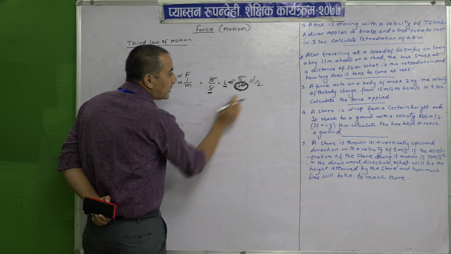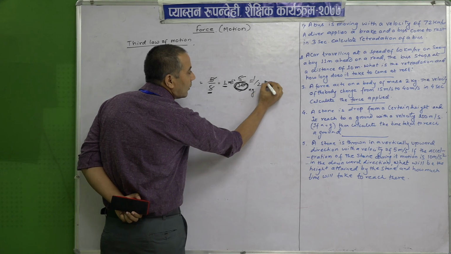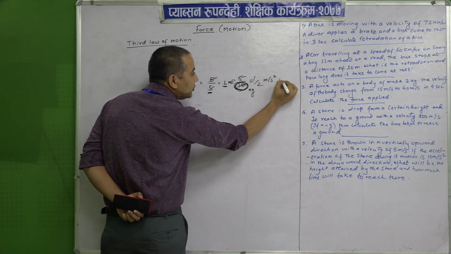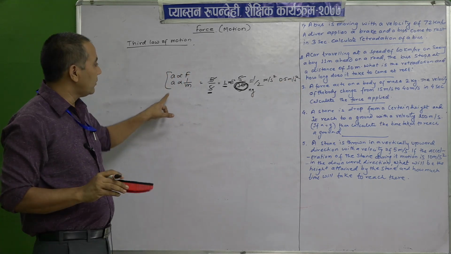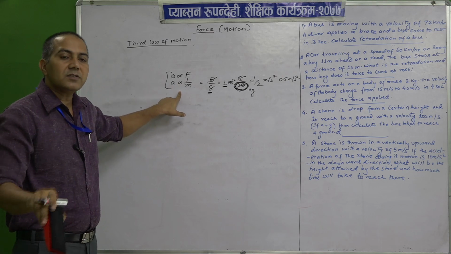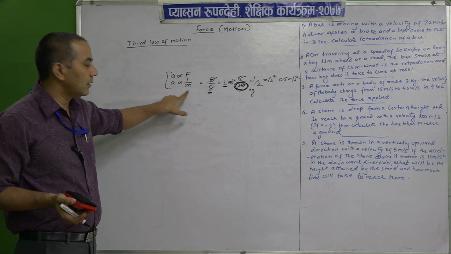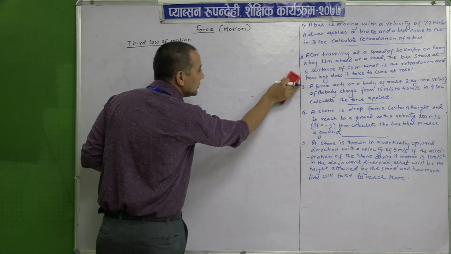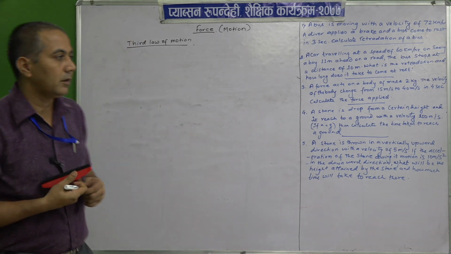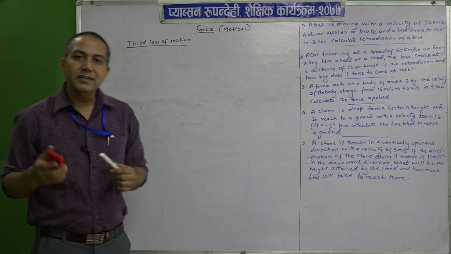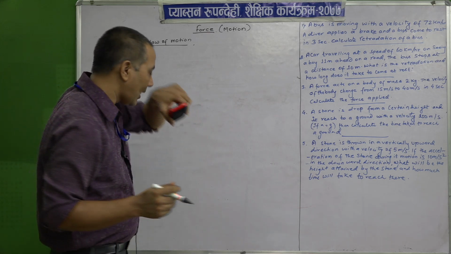And when the mass is doubled, that is 10 kg, at that time it will decrease to 0.5 meter per second square. That means the acceleration produced in a body is inversely proportional to the mass. When the mass increases, acceleration decreases. When the mass decreases, the acceleration increases. And I have just given you an example that you can easily kick a football, but a shot put, the iron ball, you cannot kick.